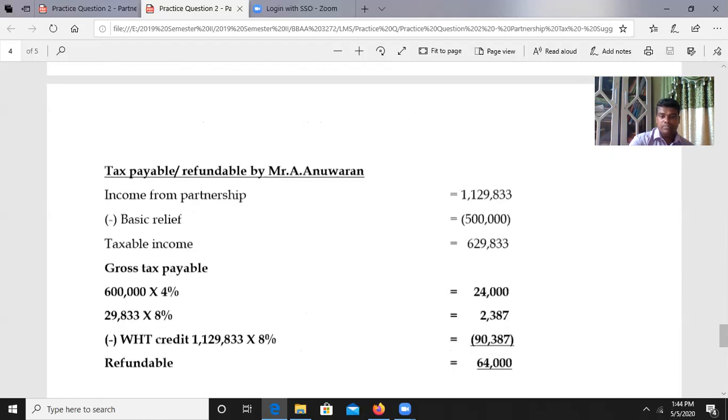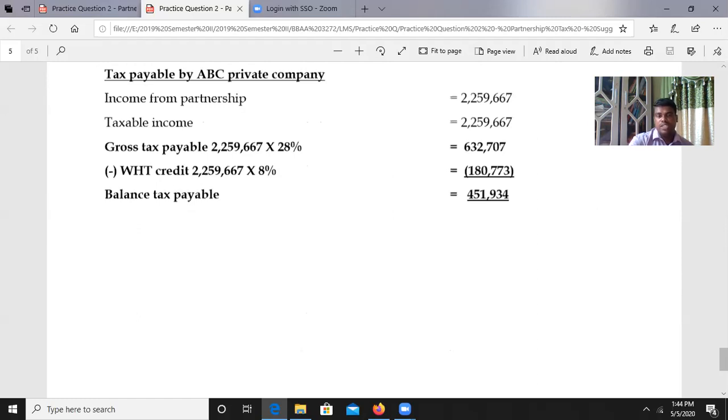If you have any questions or queries on this calculation, you can contact me through the available resources. I hope that we have completed the assessable business income calculation of a sole proprietor. Then we have completed the partnership tax calculation. Next, we have to discuss company income tax calculation.